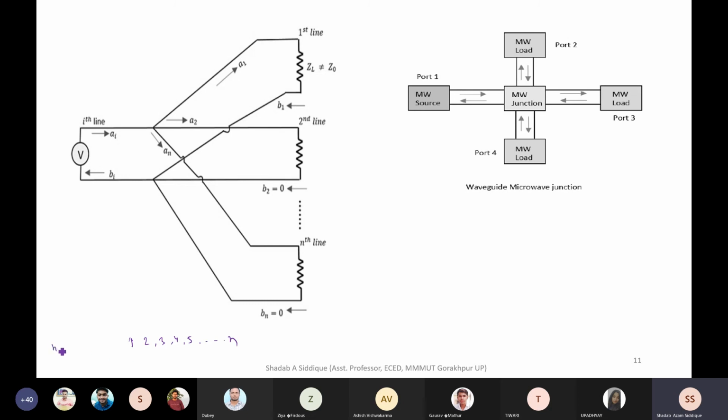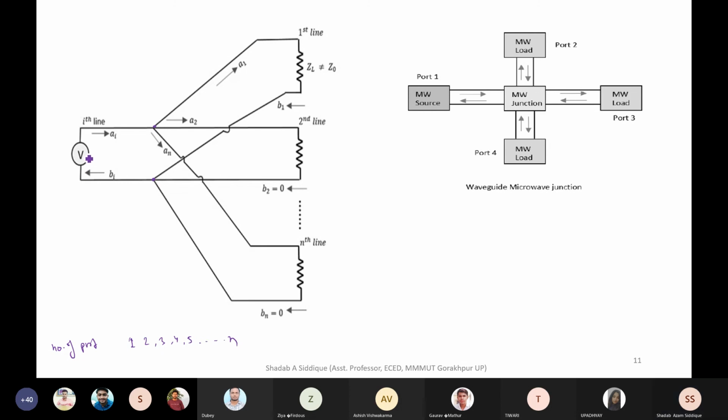This is the number of ports, represented as the first line, second line, up to the nth line. And at any port, the ith port, we are taking a source. At any one ith port, we are connecting our input, or you can say connecting our source.